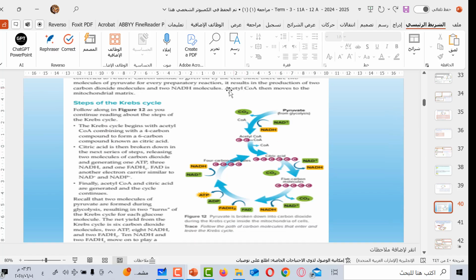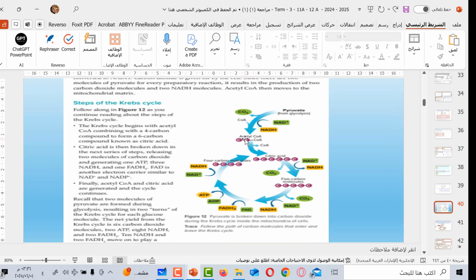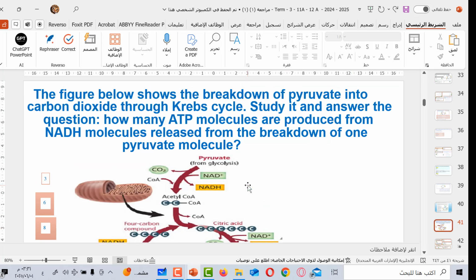You must study this figure well to be able to solve the question. Okay, let's see one question. Here, the figure below shows the breakdown of pyruvate into carbon dioxide through the Krebs cycle. Study it and answer the question.